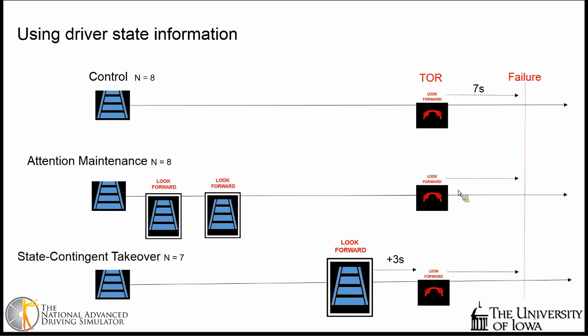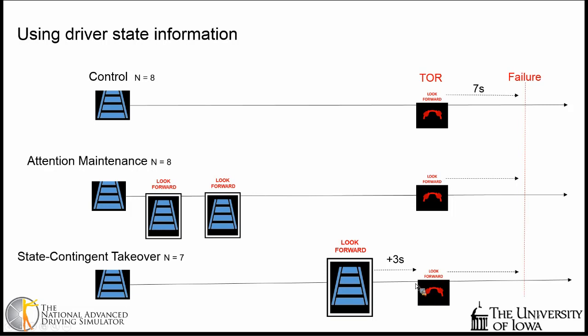And our third group is the state-contingent takeover group. The idea here was to not modify the way we're handling attention throughout the drive, so we let them disengage just like the control group. But we used the driver state information in the takeover event. We looked for whether drivers were classified as distracted leading up to when we were going to issue the takeover message.